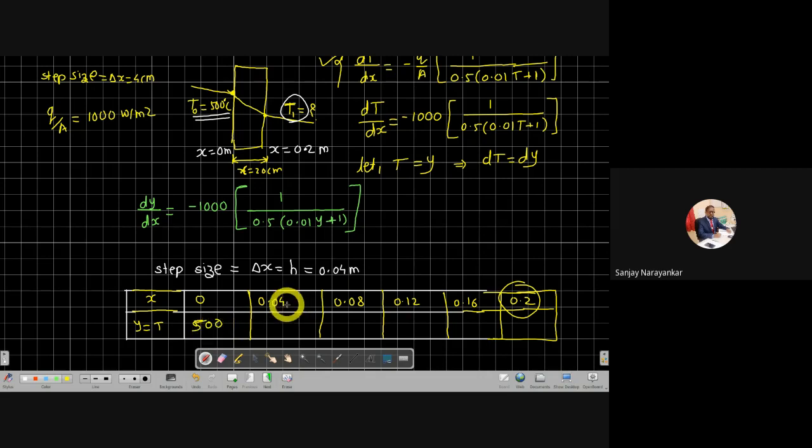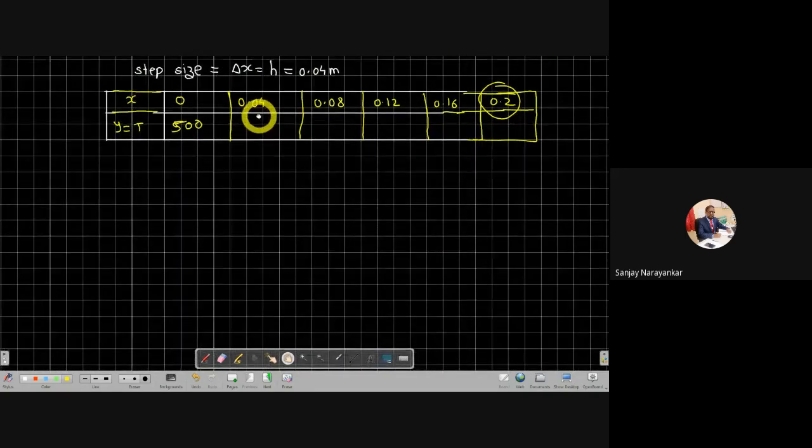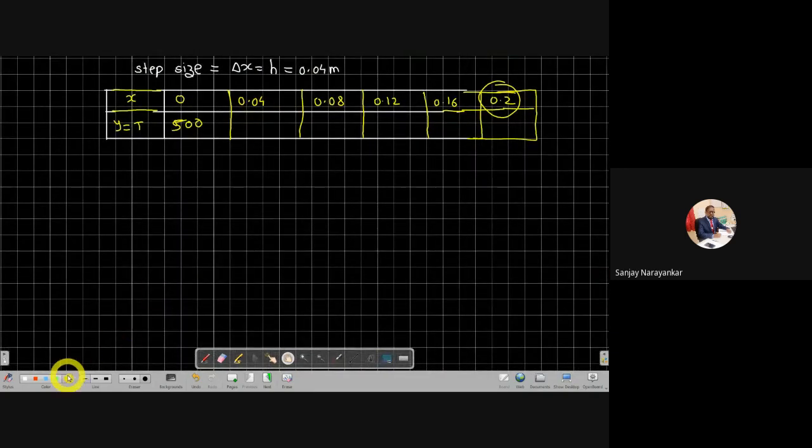Now, by using Euler's formula, you have to find out at x equal to 0.04, at x equal to 0.08, at x equal to 0.12, 0.16, and 0.2. So 1, 2, 3, 4, 5 iterations you have to perform here. So let's see how to perform these 5 iterations using Euler's formula. So iteration number 1.